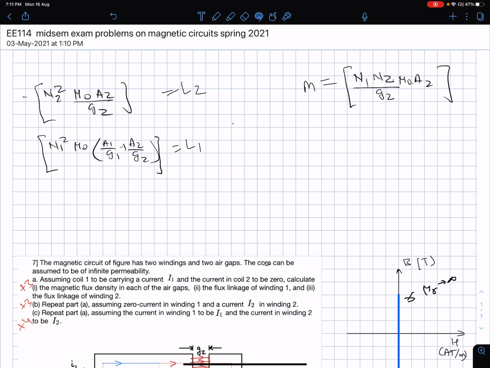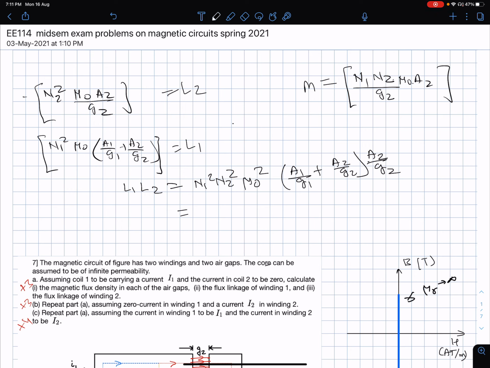So if I now look at the product L1 L2, that is going to be N1 square N2 square mu 0 square into A1 by G1 plus A2 by G2 into A2 by G2.